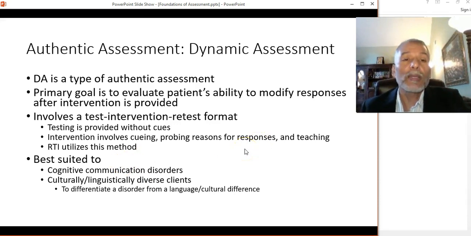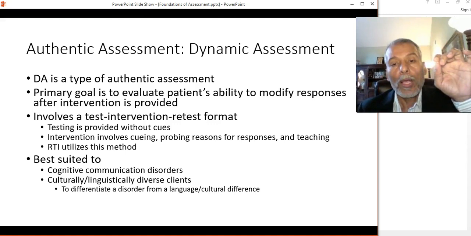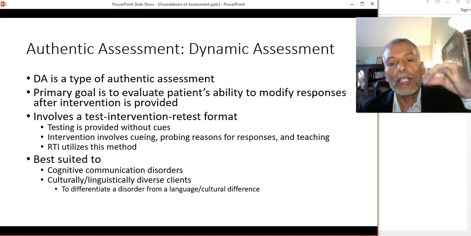So dynamic assessment is part of authentic assessment. The highlight of this kind of dynamic assessment, or this kind of authentic assessment, is that the primary goal is to identify, to understand how the person can make changes, how the person can give you better responses if you give them clues and if you teach them.